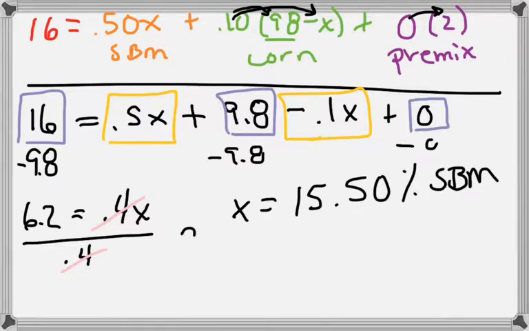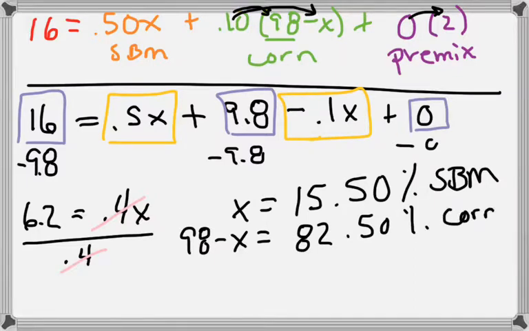We always have to solve for the 98 minus x as well, and that gives us 82.50% corn. Okay, and so we also have the 2% of the premix. So that's how we used a fixed ingredient to solve this ration for corn and soybean meal, our two unknown feeds.